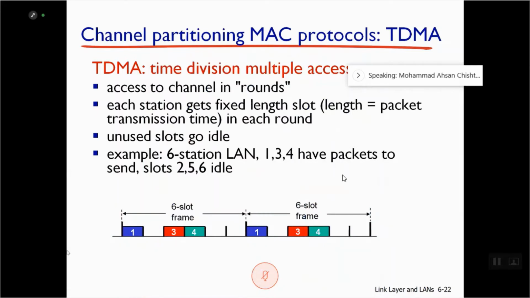You can see here 6 stations are connected, 1, 2, 3, 4, 5, 6. All have the capability to transmit and receive packets, but during this period of time, only 3 of them were active, which are 1, 3, and 4: blue, red, and green. The rest of the 3, that is 2, 5, 6, were sitting idle.